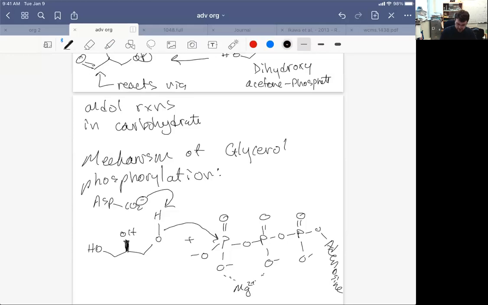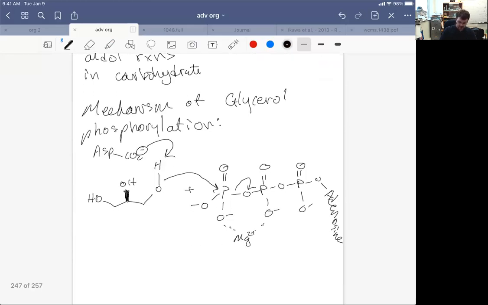And through an SN2-like mechanism, by way of the phosphorus 5 center, we can add the phosphorus to the nucleophilic oxygen and lose the diphosphate leaving group. Now here, the diphosphate leaving group is also connected to adenosine, and so you get ADP, adenosine diphosphate, being formed as a result of this process.